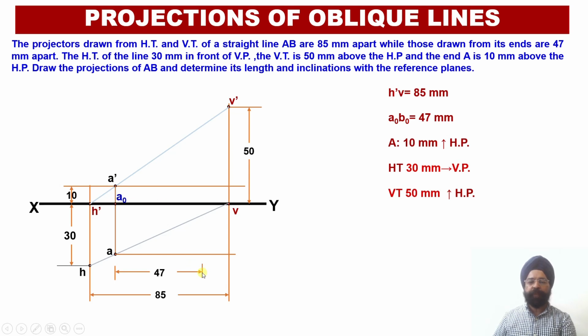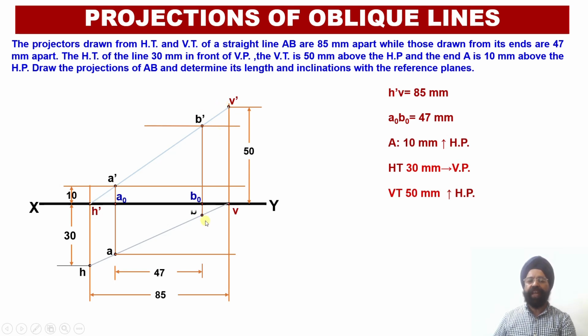Wherever this distance of 47 millimeter is located, I will be able to locate the point BO over here. So what is this point BO? BO is the vertical projector line which is going to join the projections corresponding to the end B, that is B dash, and point B over here.